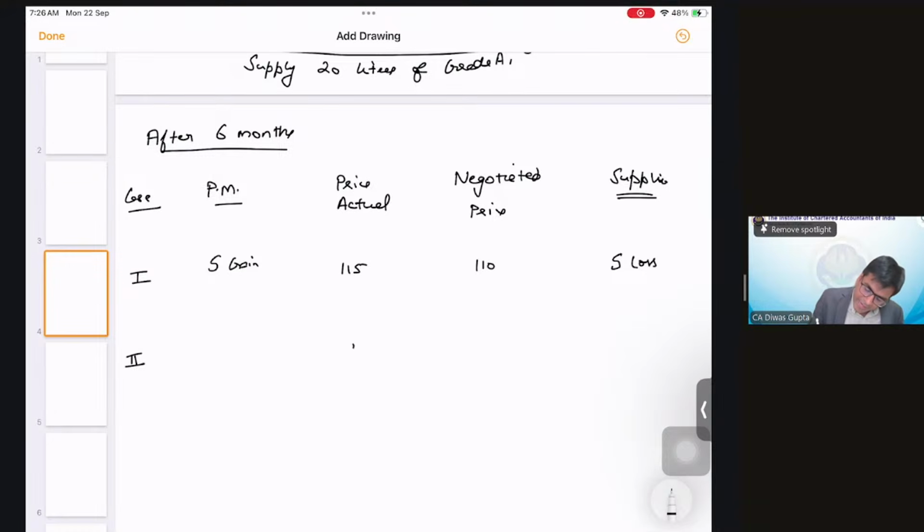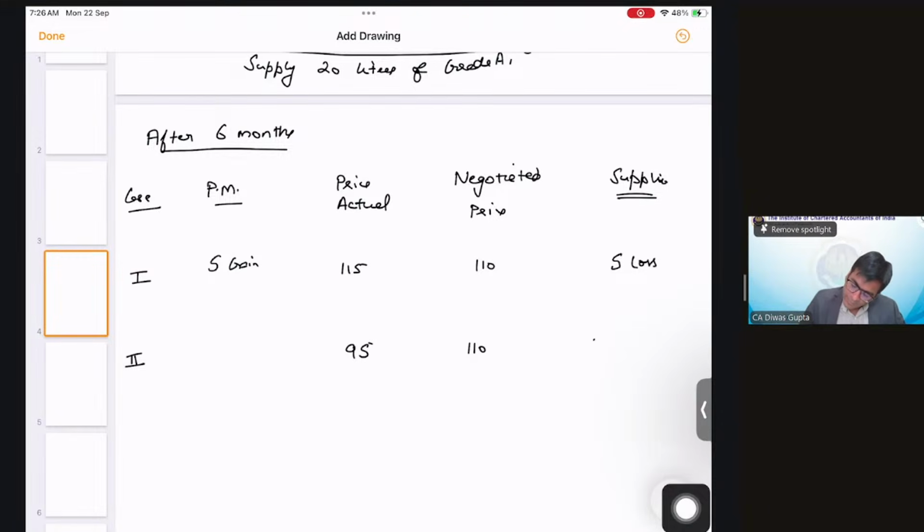Let's say the price actually is only 95 against the negotiated price of 110. Now, let's try to understand this. There is a contract to supply at 110. The market value of that is 95 only. The supplier will be at a gain or at a loss?